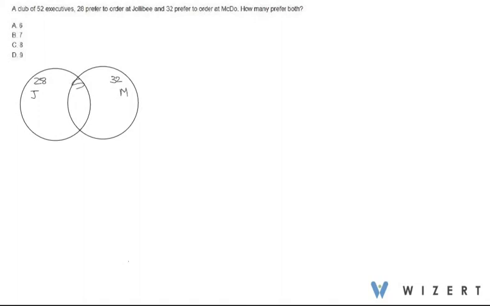Now if you must have observed carefully this particular overlap part, it has been considered in 28 as well and 32 as well. So this particular part is representing the number of people who prefer both restaurants, not just one but both restaurants.